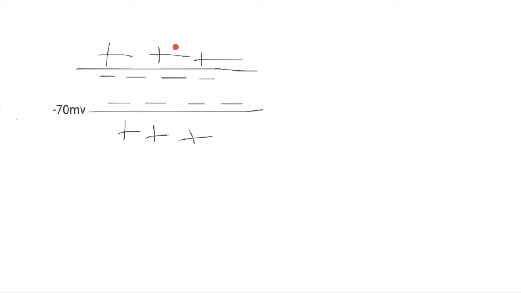So over here we have a section of the nerve, right? And you may notice that outside I have all these plus signs and inside these negative signs. What I'm trying to show here is that it's more positive outside than it is inside. So outside we have a lot of Na plus ions, and inside we have a few K plus ions. And you might be thinking, oh, these are both pluses.